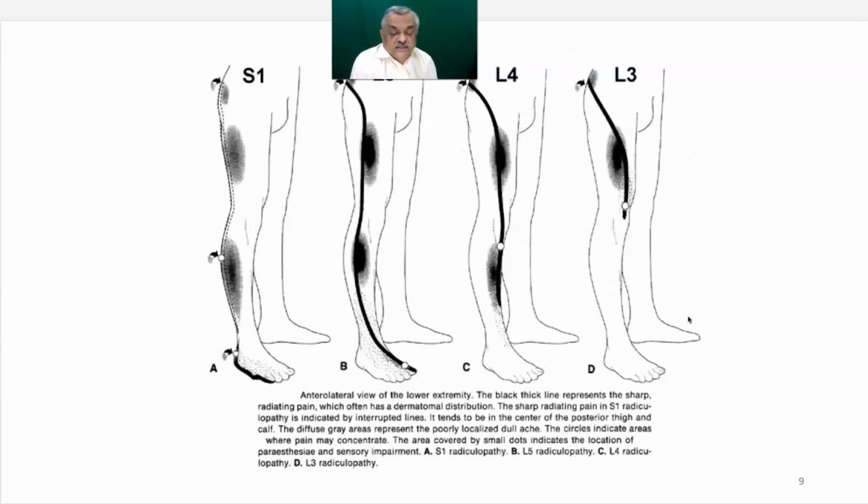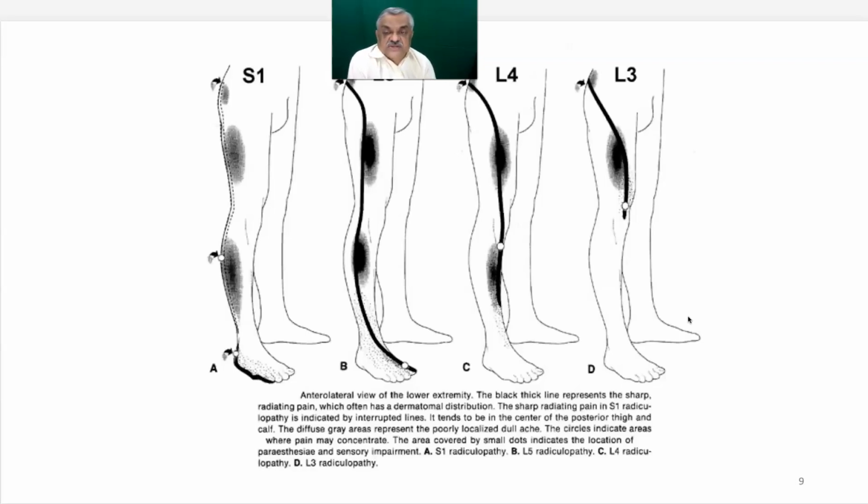The area covered by small dots is the location of paresthesias and sensory impairment. You will find that in case of S1 it is the lateral border of the foot, in case of L5 it is the front of the leg and the first web space, in case of L4 it is the shin area, and in case of L3 it is the lower part of the anterior thigh.